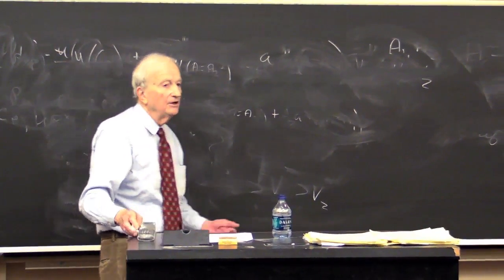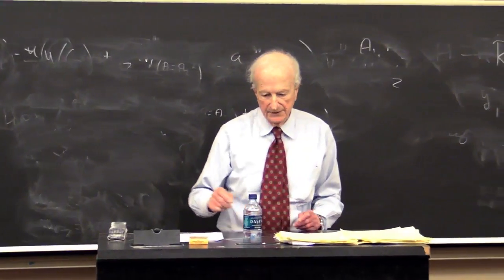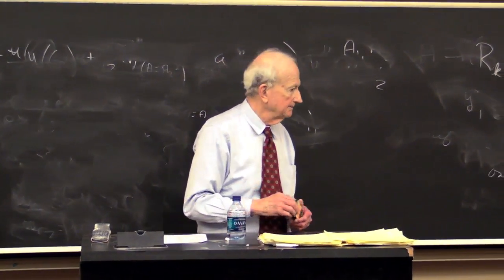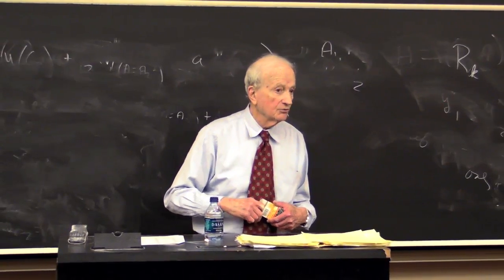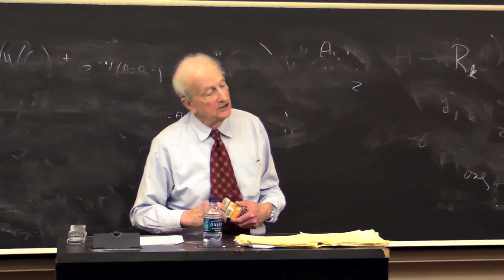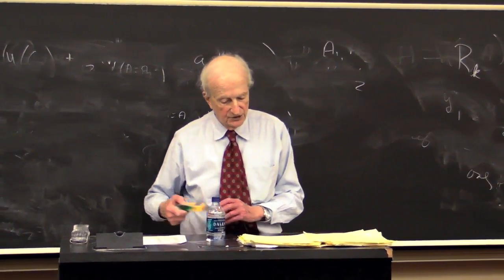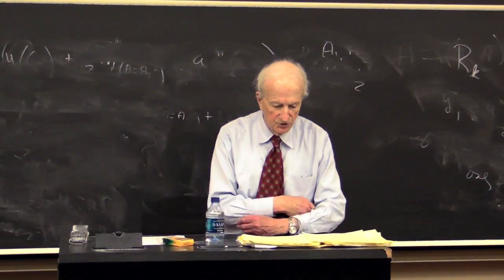I'm going to go back to the assumption of one child. We could carry through the same analysis with more than one child, and it would be interesting, but at least for the rest of this lecture, I'm going to go back to the assumption of one child.